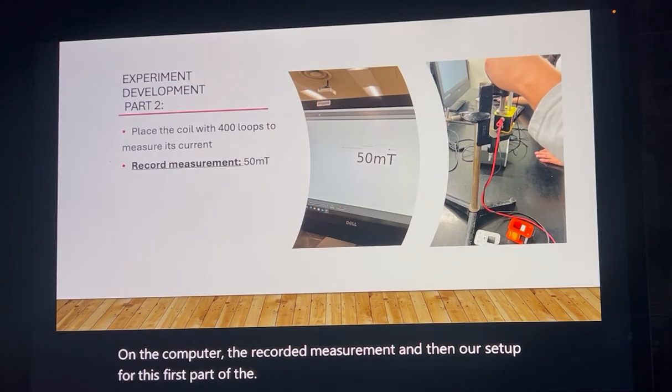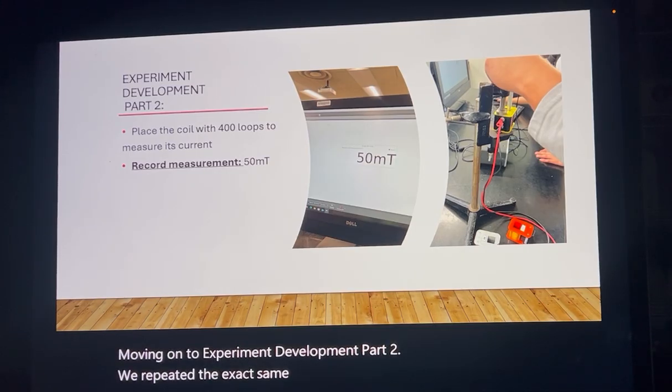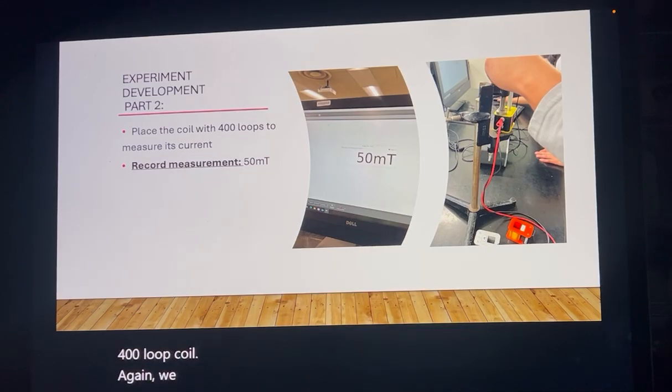Moving on to experiment development part 2. We repeated the exact same procedure, only this time we used the 400 loop coil. Again, we inserted the sensor into the center and recorded the peak value.